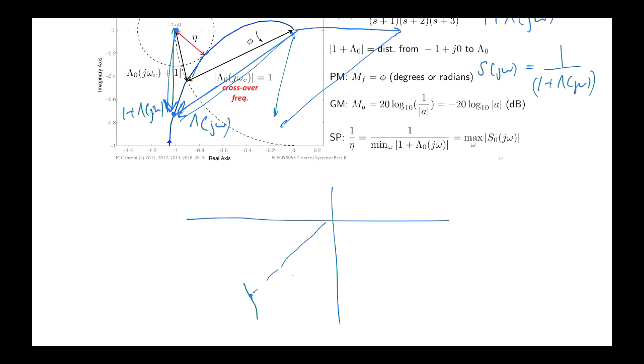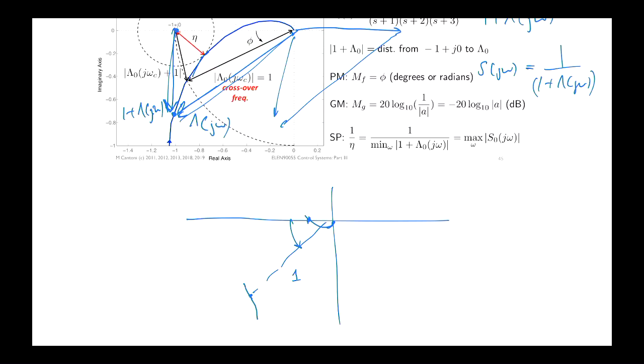So that's magnitude 1, okay? So giving us a big phase margin, right? And then at some high frequency, at the frequency where the phase of lambda is minus pi, we might have really small magnitude, giving us a large gain margin.